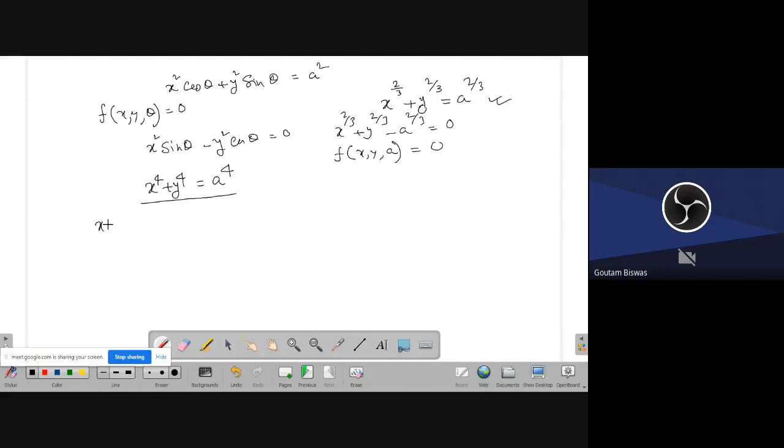Let x = at^2 and y = 2at. These are the parametric equations of, can anyone tell, a parabola or an ellipse?